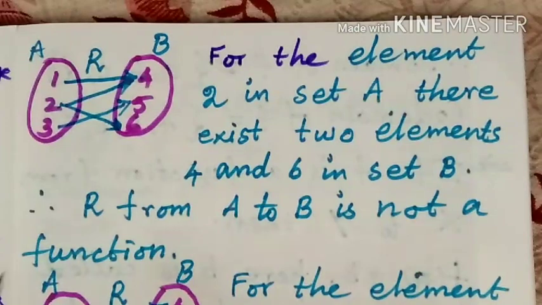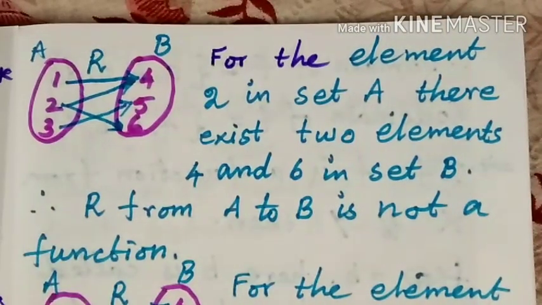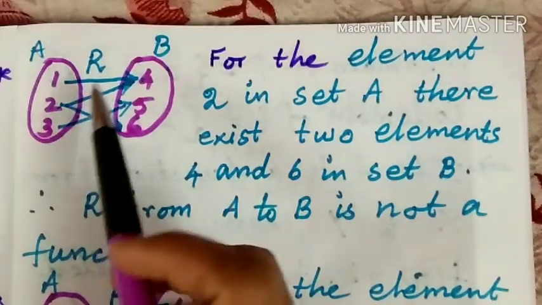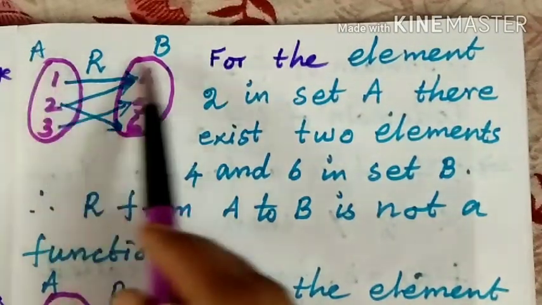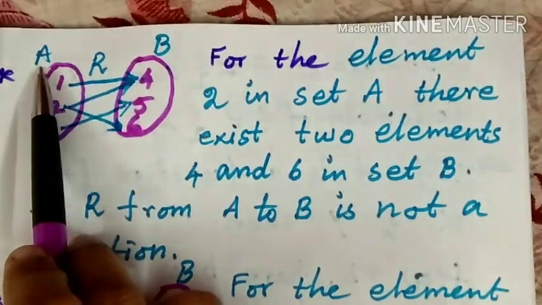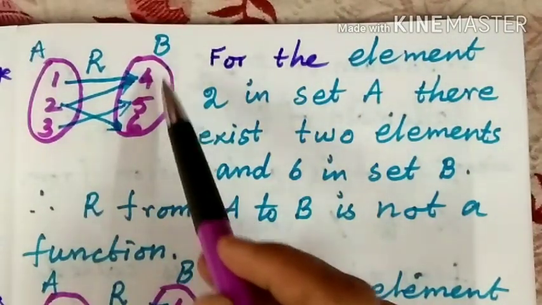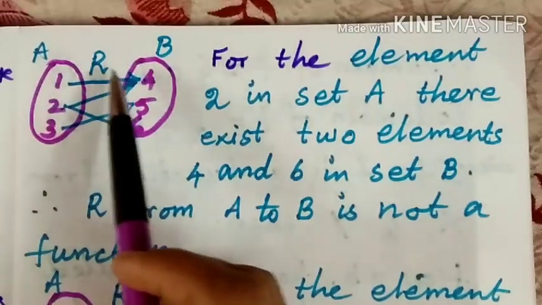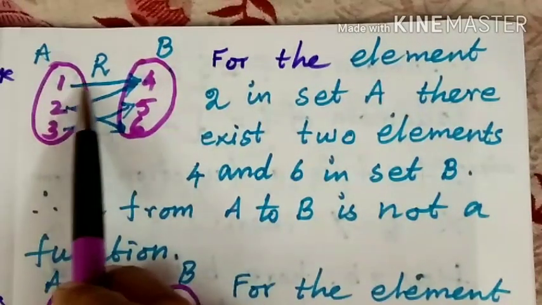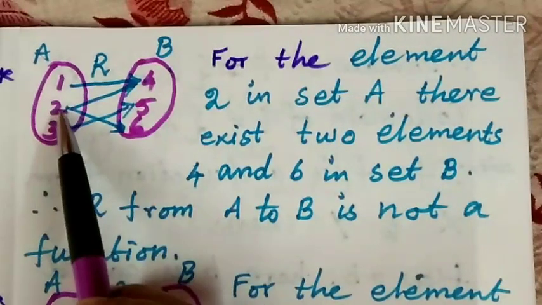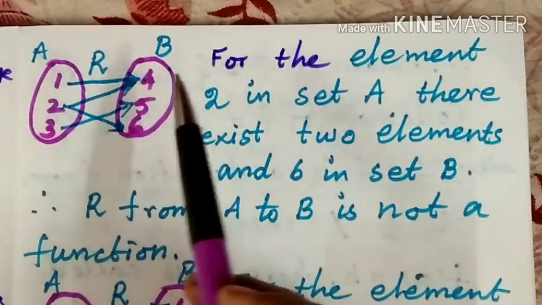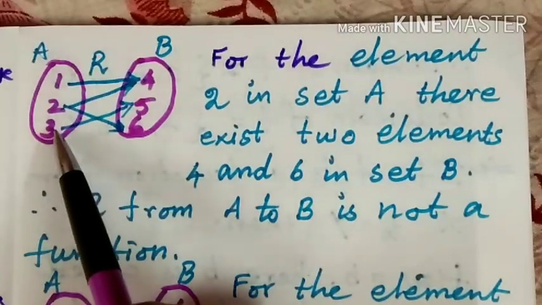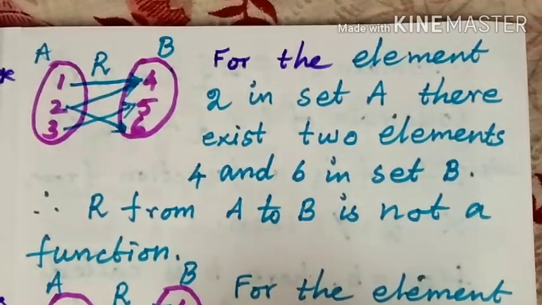Next, I will explain a few more examples which are not functions. Let us consider two non-empty sets. Set A is {1, 2, 3}, set B is {4, 5, 6}. In the relation ordered pair, 1 is related to 4, 2 related to 4 and 2 related to 6 also, 3 related to 5.